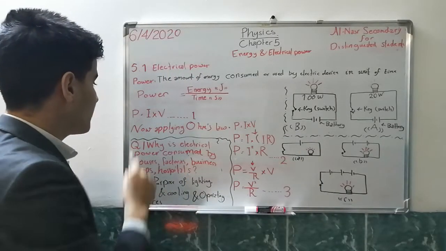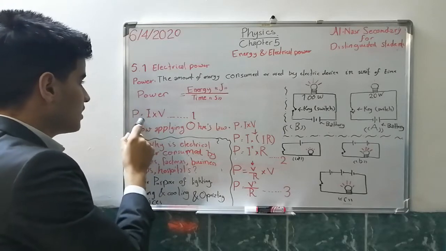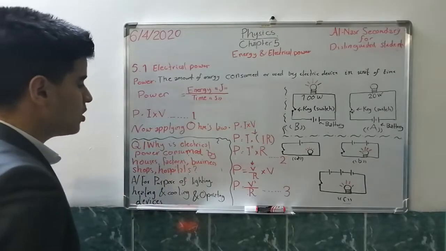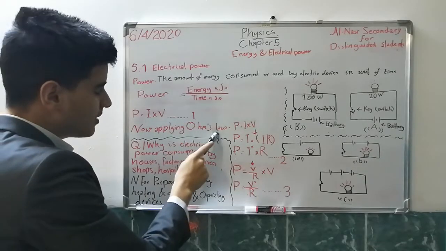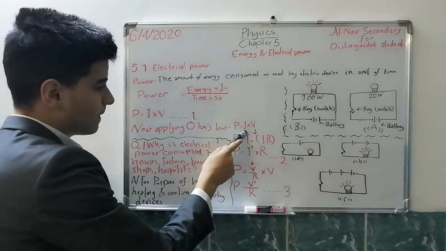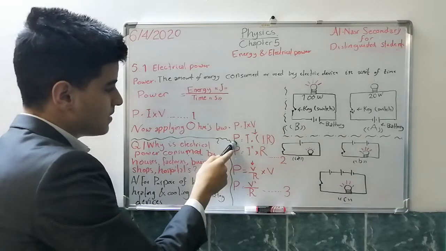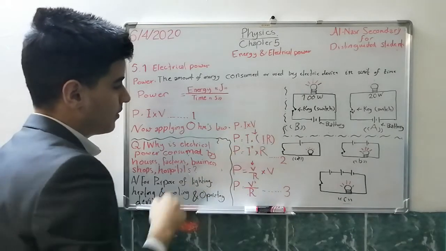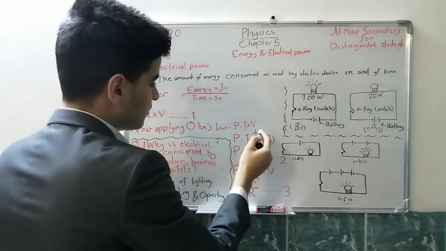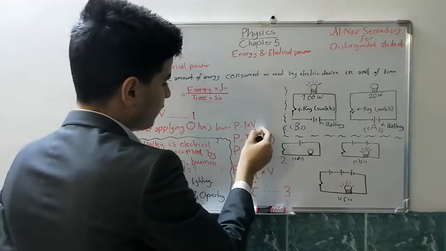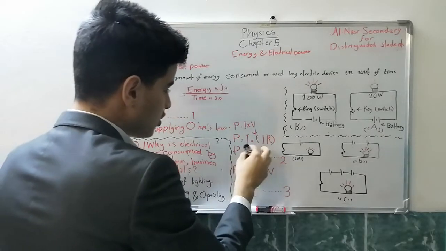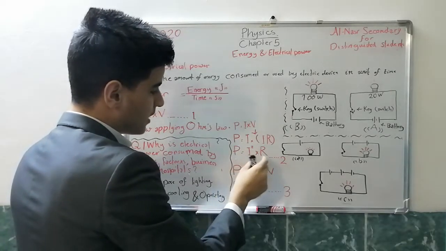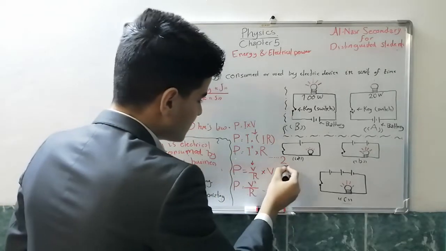We got this law: P, which is power, equals I, current, multiplied by V. This is different from this law. When we apply Ohm's law, V equals IR, we get P equals I multiplied by IR. Because we have two I's, we get I squared multiplied by R. This is the second law.